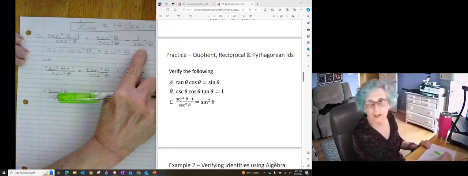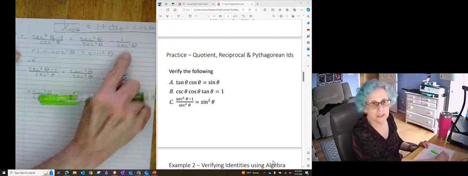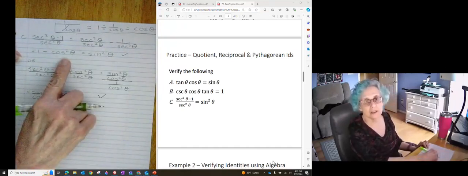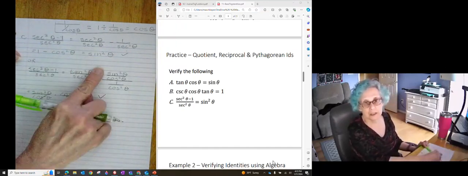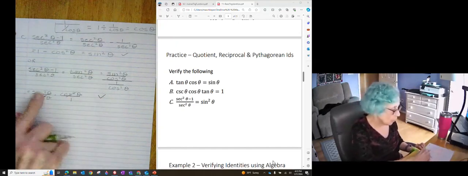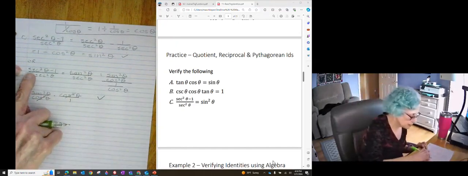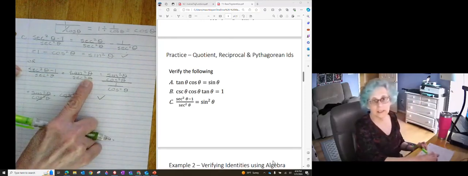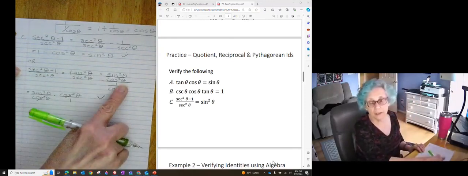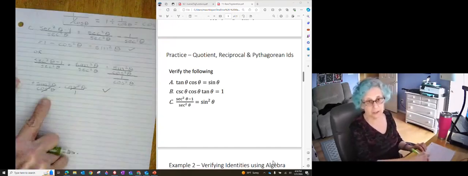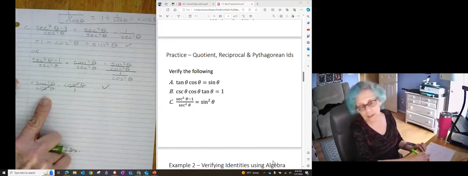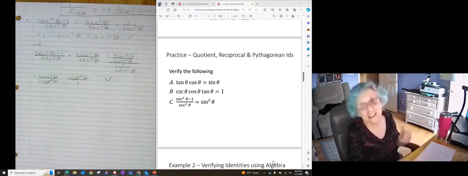So 1 over secant squared is just cosine squared, and 1 minus cosine squared is sine squared. Or you recognize that secant squared minus 1 is tangent squared, and then you treated that as a division problem. And again, you get to cancel, so these are fun because you get to cancel.